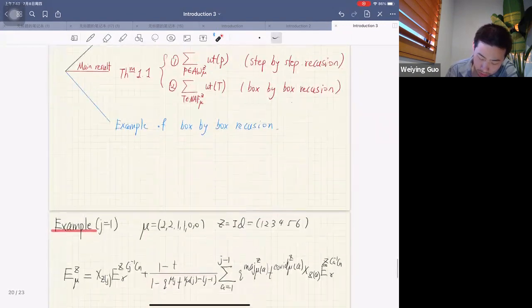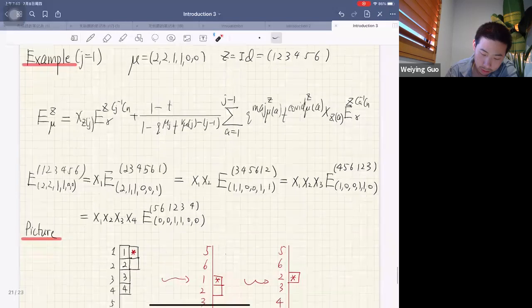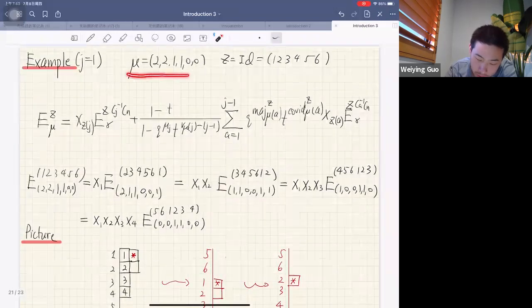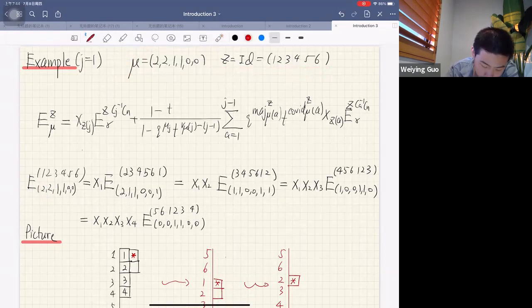Let's bring out our favorite example throughout the talk, which is mu equals 2, 1, 1, 0, 0, 0, with z equal to the identity 1, 2, 3, 4, 5, 6, which we have been discussing before. In this example, we see the first case where j equals 1, because the first position is non-zero.